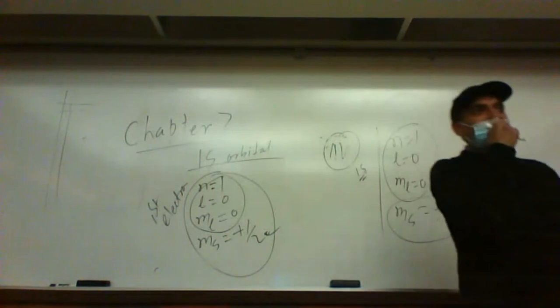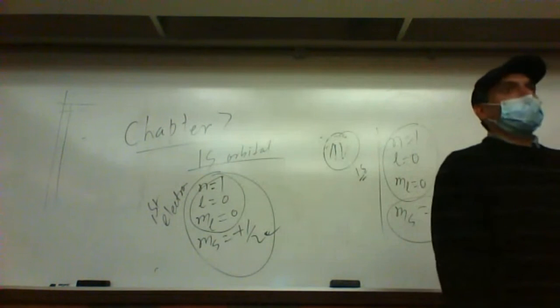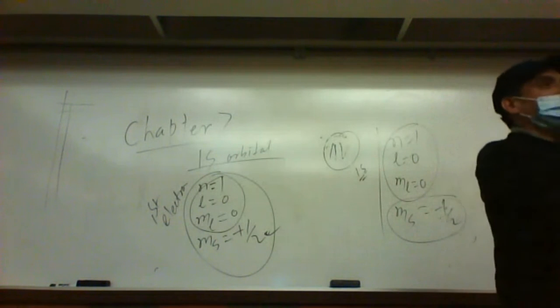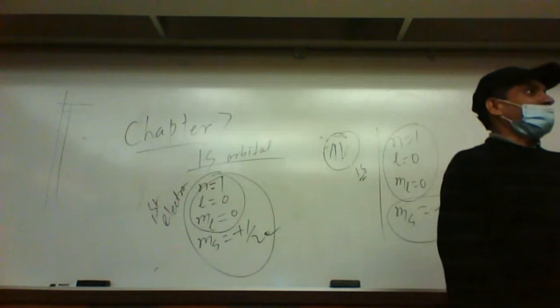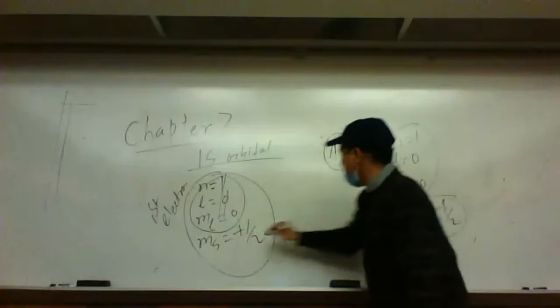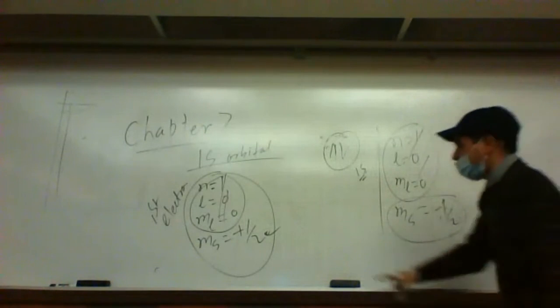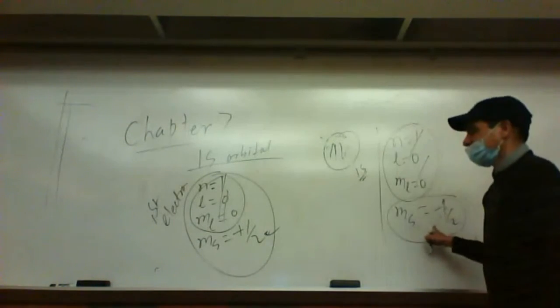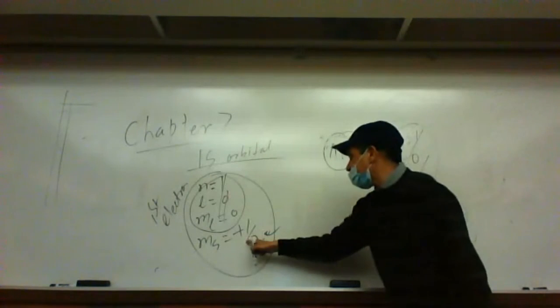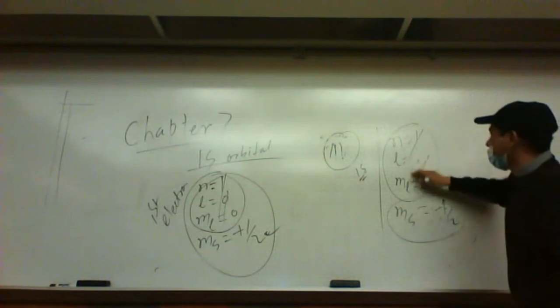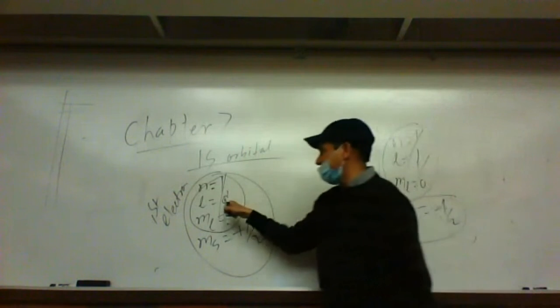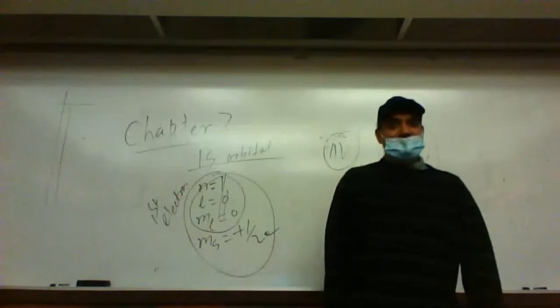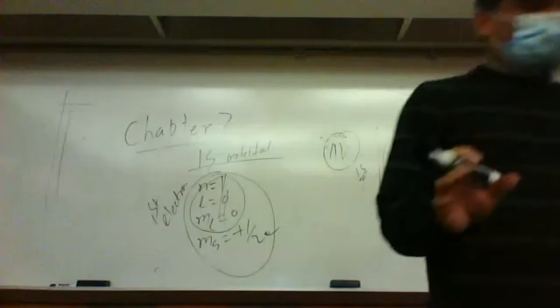So 2 electrons in an atom can never have the same 4 quantum numbers. At least 1 quantum number is different. All these 3 are the same, but they must be different here. But if this one and this one are the same, maybe there is a difference somewhere else. Make sense? Good.